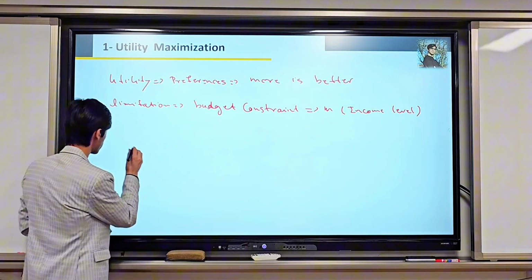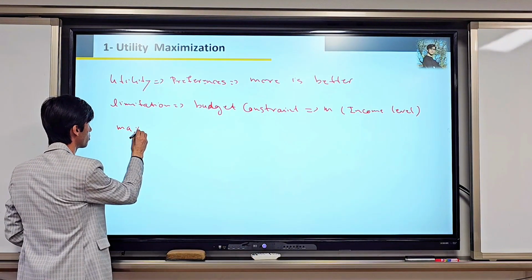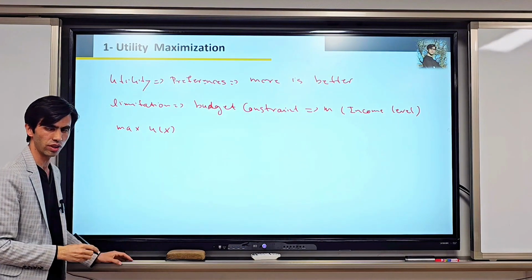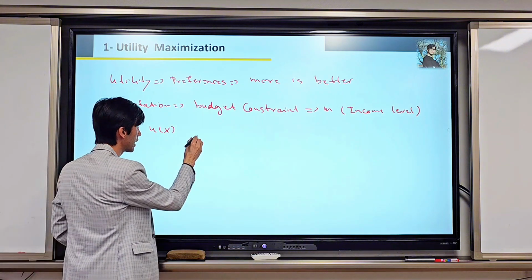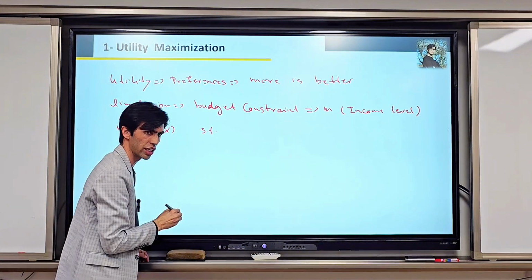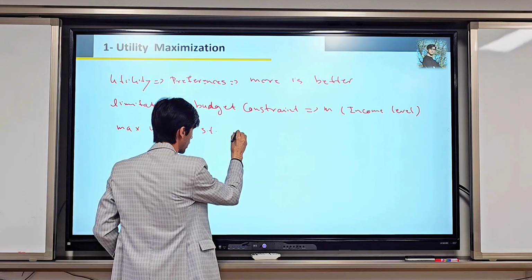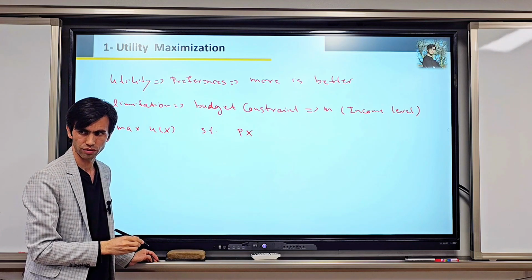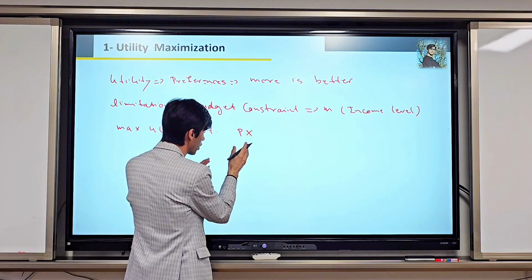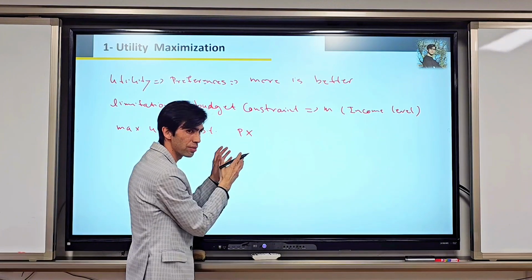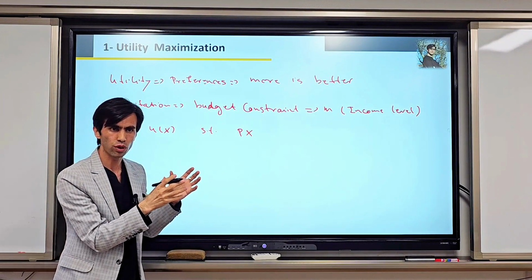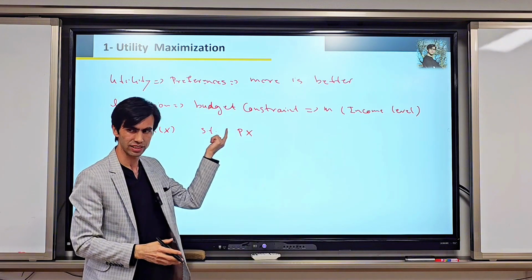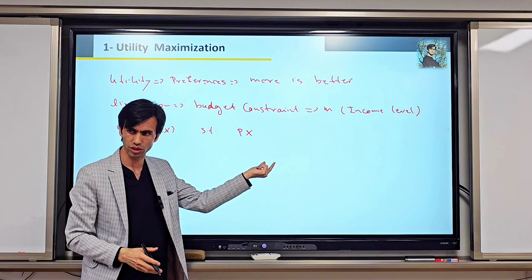So when we are going to maximize our utility, for example U(x), we need to think about a condition such that we have some budget for our consumption, for the goods that we use. This shows how much money we pay for the consumption of good x. p is price, x is good.